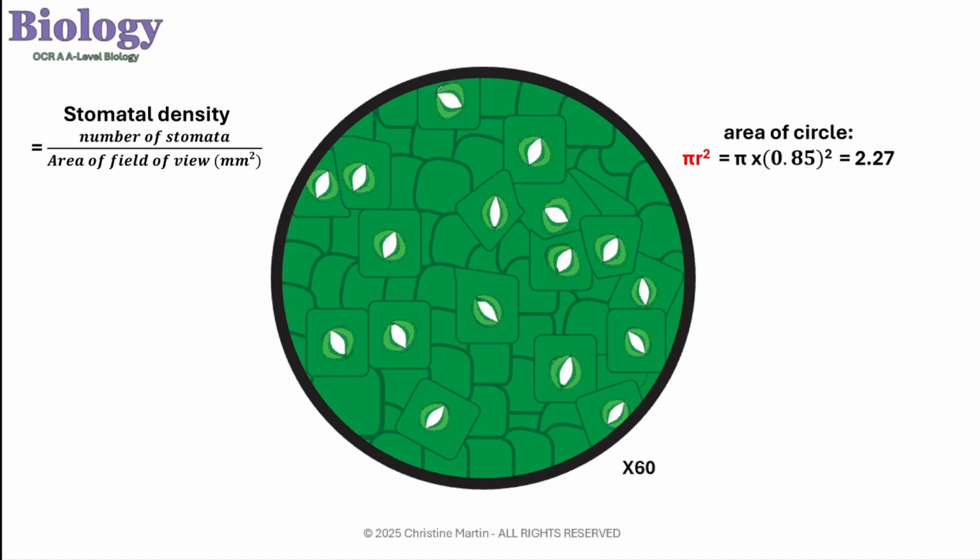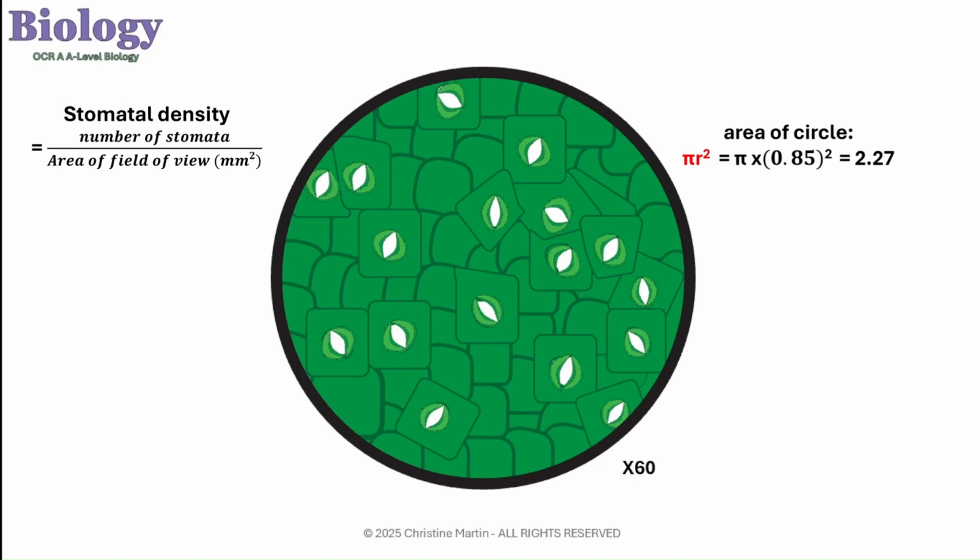So if I have my diameter of 1.7 and I divide that by 2, I would therefore get a radius of 0.85. My area of my circle, I would then substitute the numbers in, so pi times 0.85 squared would give me the area of the circle being 2.27.